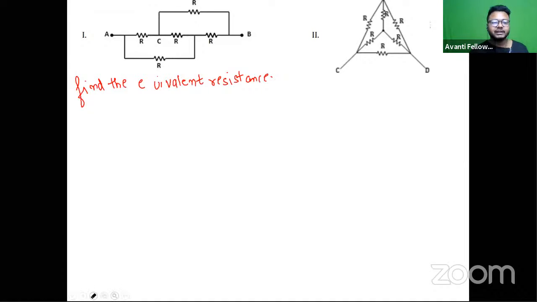Everyone try to find the equivalent resistance and tell me what is the answer. What will be the equivalent resistance in the first one? Tell me, guys, tell me the answer.